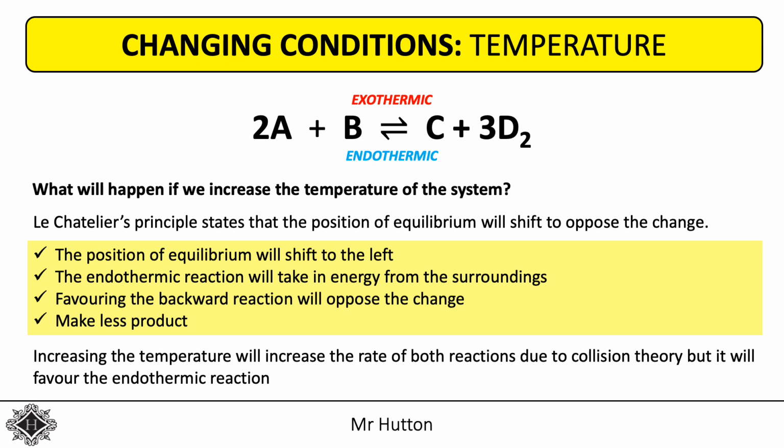We've increased the rate of those, but at equilibrium, the rate of those reactions is the same still. All we've done is we've favoured our endothermic reaction, so the concentration of A and B will be slightly higher than it was before the temperature was raised.